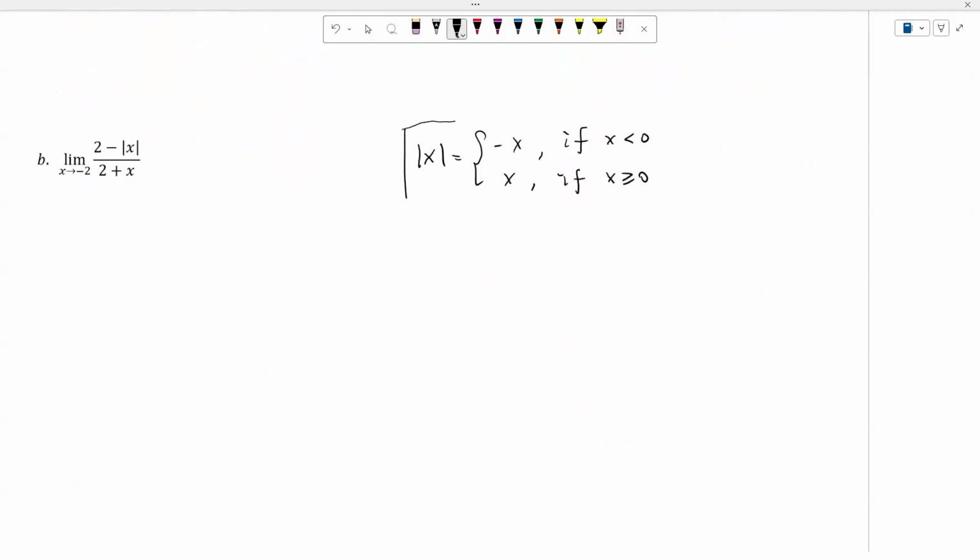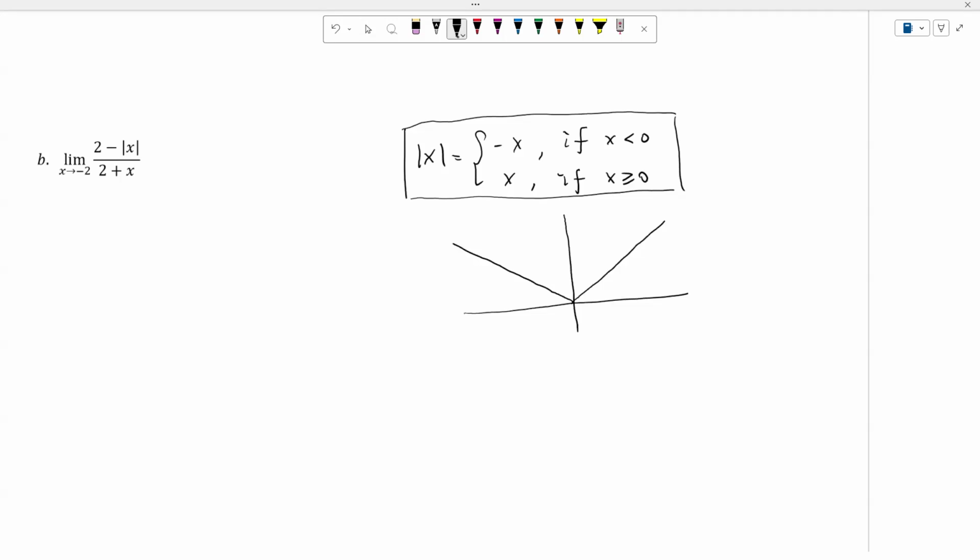We write down this definition first, always. Then now, let us look at the functions. So we are going to work with the limit as x approaches negative 2.